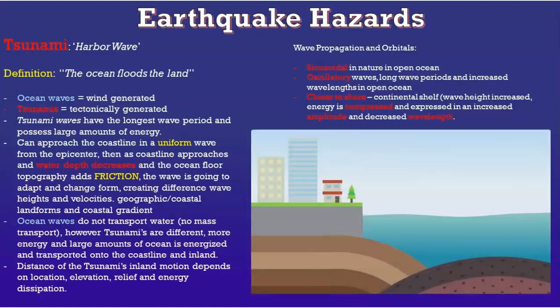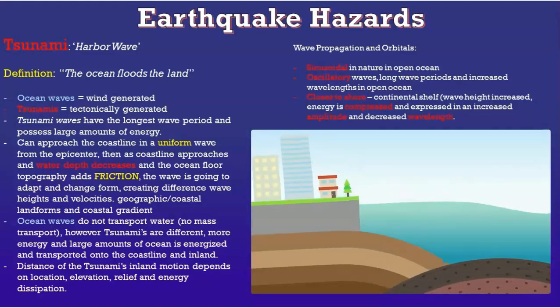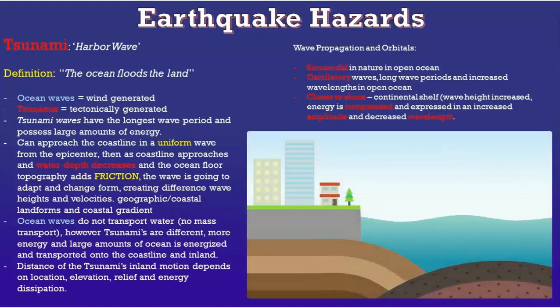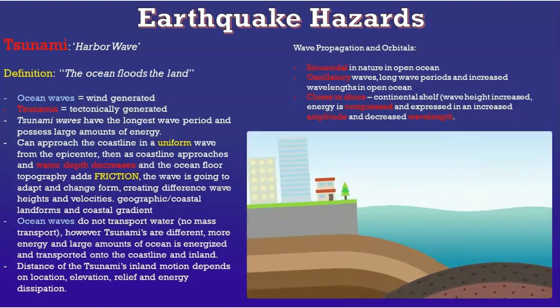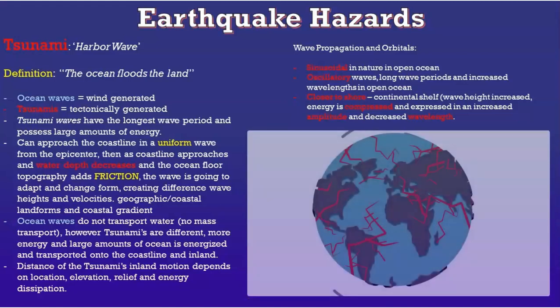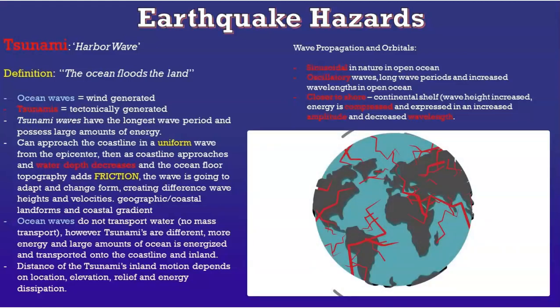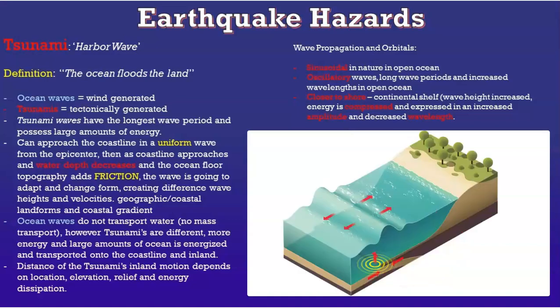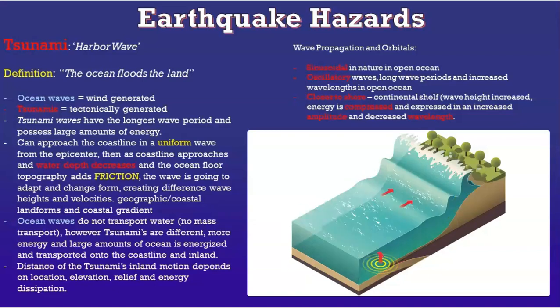So these tsunamis transport a lot of energy onto land, and the distance it will go on land would depend on the elevation, the gradient of the land, the closeness of any kind of high elevation or mountains or hills to reflect off, and also the amount of energy initially in the wave being transported onto the coastline and how it dissipates. Now, these waves are sinusoidal in nature.